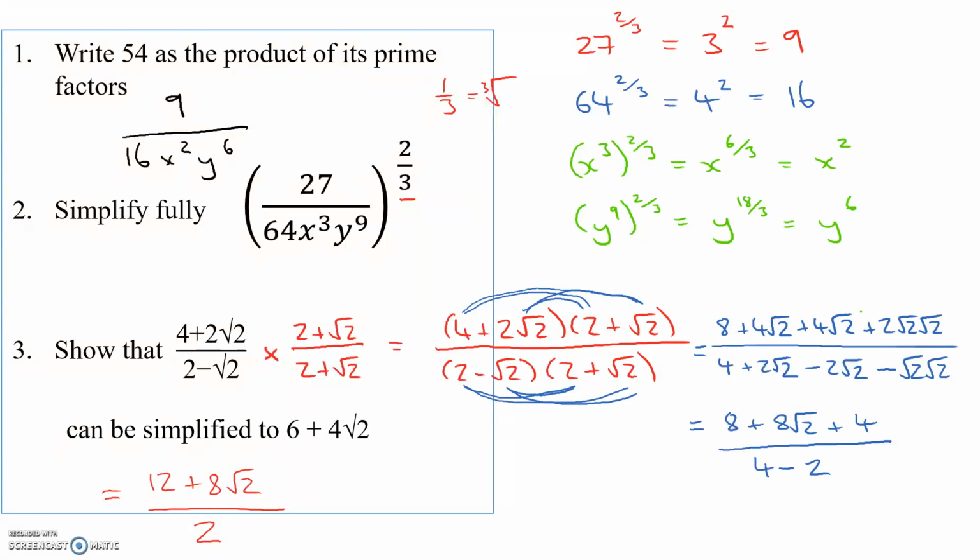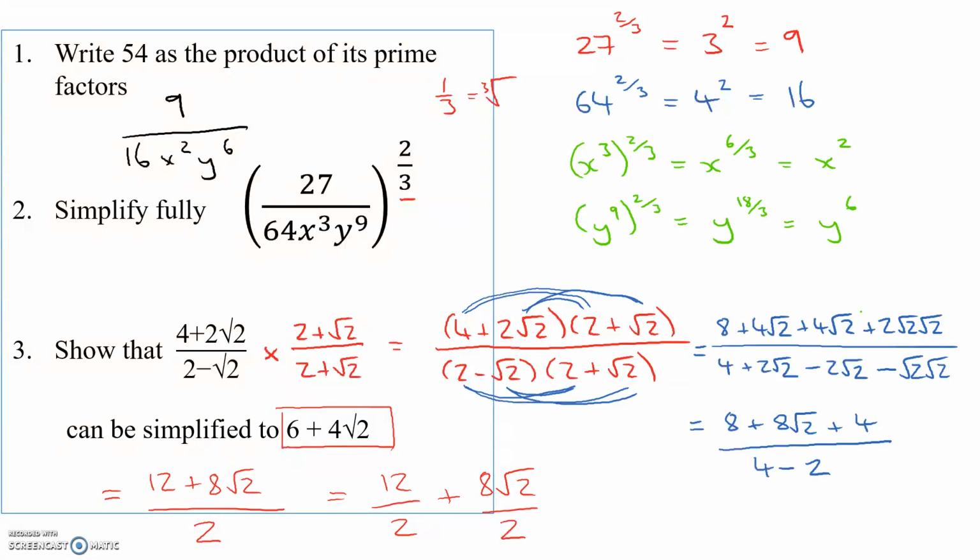Right, we've got to show that what we started with can be simplified to this. Now, you might be able to spot that that looks pretty similar. 6 plus 4 root 2 on the top, we've got 12 plus 8 root 2, but everything is then divided by 2. Remember, that's the same as 12 over 2 plus 8 root 2 over 2, exactly the same thing.